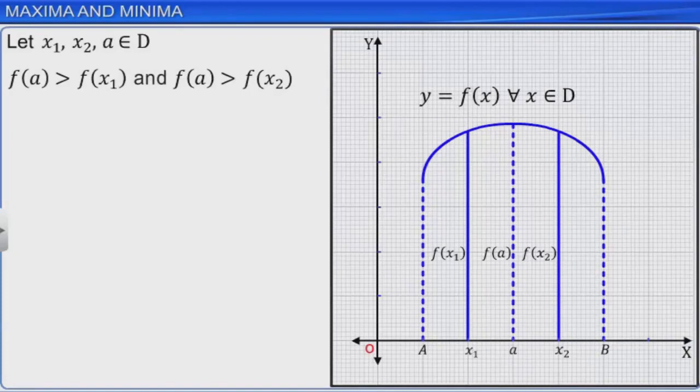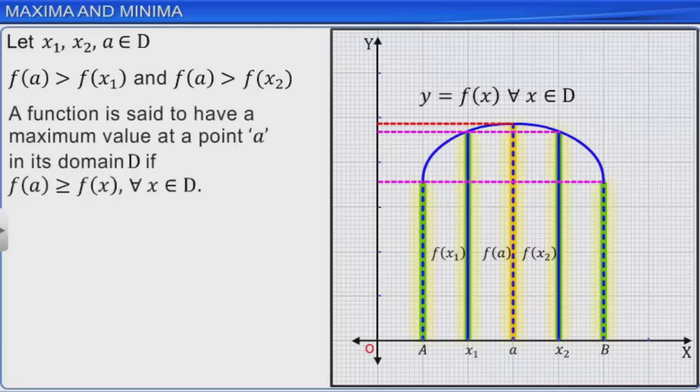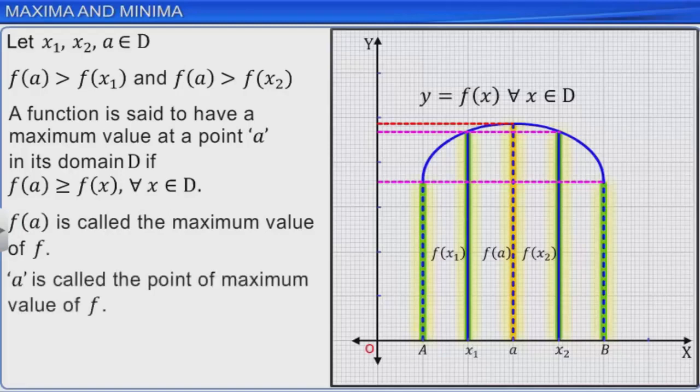That is, the value of the function at any other point to the left or right of A is less than f of A. Mathematically, a function f is said to have a maximum value at a point A in its domain if the value of the function at that point is greater than or equal to the value of the function at any other point in its domain. The number f of A is called the maximum value of f in D, and point A is called the point of maximum value of f in D.